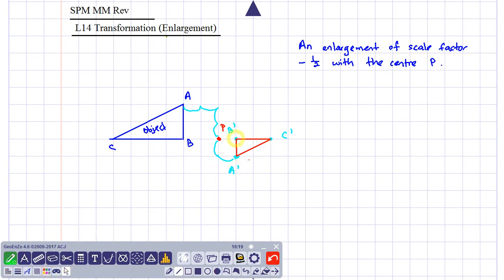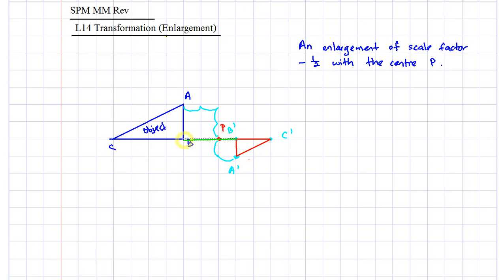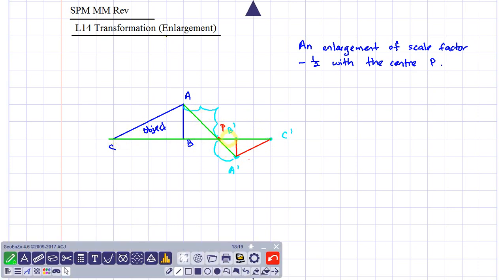Connect B and B prime, A and A prime, C and C prime. You see, all the lines intersect at this point. So we know that we drew our image correctly.